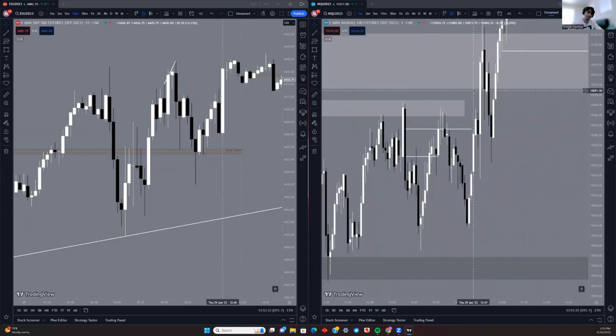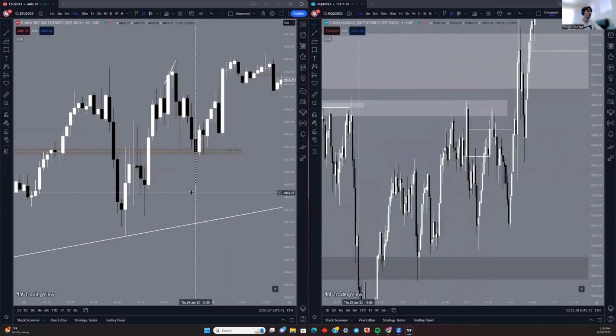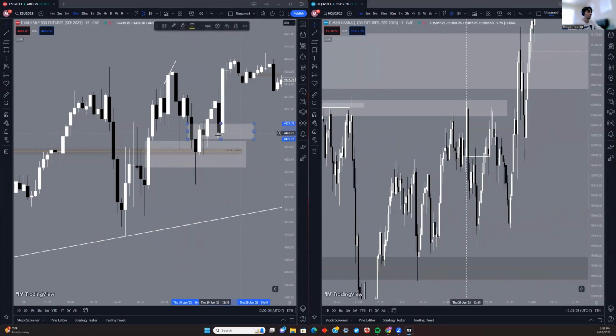Now, once this gets taken out, I'm realizing, hold on, wait a minute, maybe this is not going to continue to the downside. Maybe this continues on up. When in doubt, high time frame, pop it up. We have this 15-minute FVG here that holds. And the big kicker was that this FVG right here does not hold.